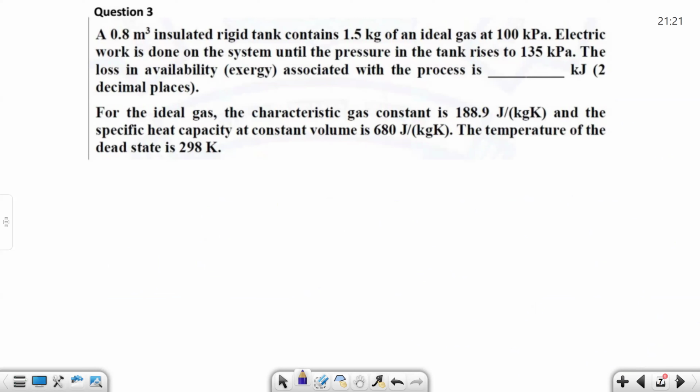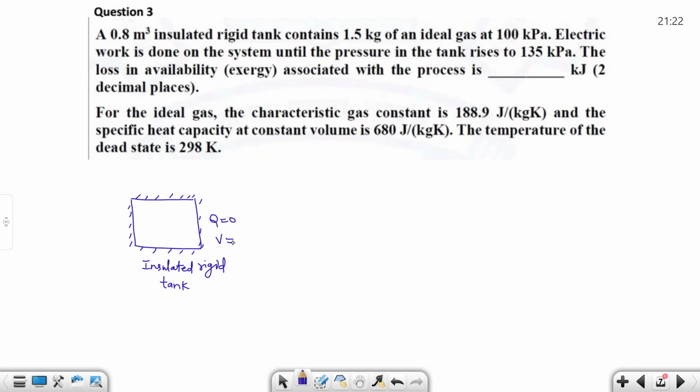A 0.8 meter cube insulated rigid tank. So, an insulated rigid tank, so heat transfer will be 0 because of the insulation.